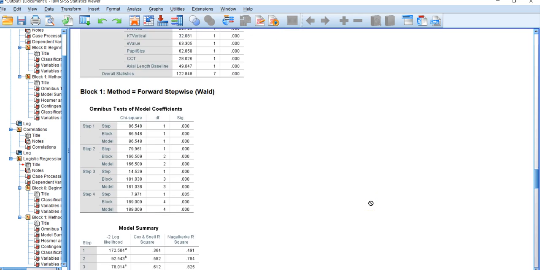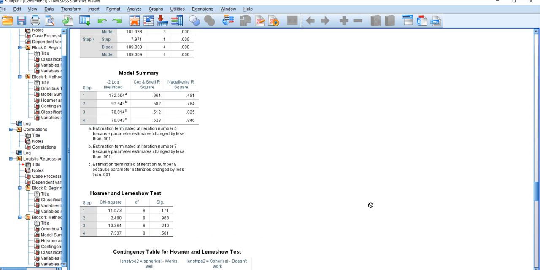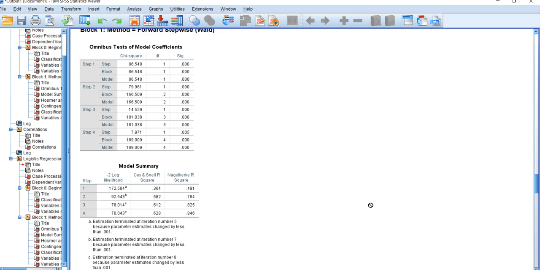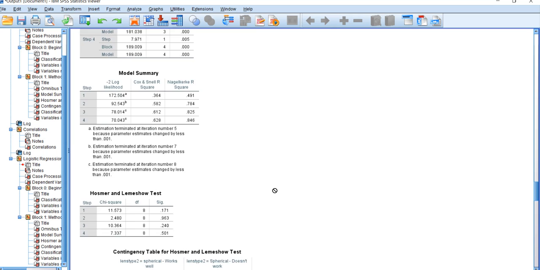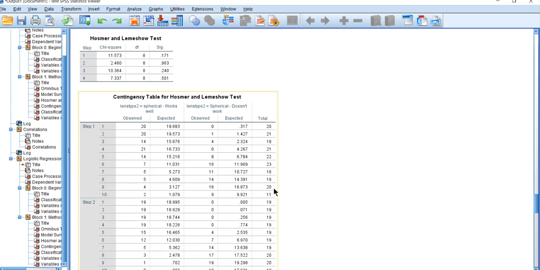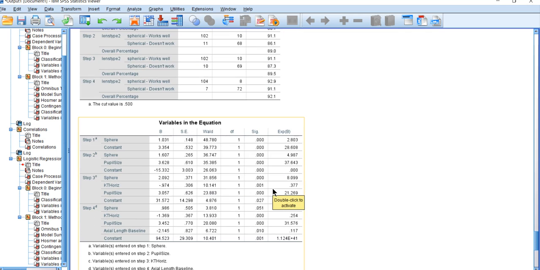Let's see if it does that. Variables in the equation. Okay, here we go. Sphere was picked out as number 1.